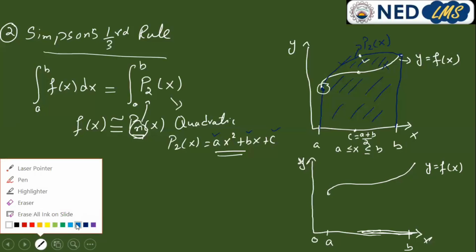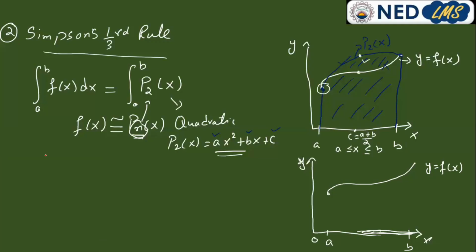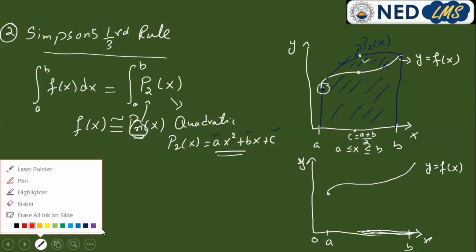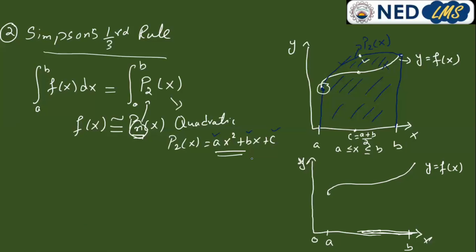Let's select red color. Let's do it again with the blue to avoid confusion. What I'm doing now is making sure that my polynomial matches this point, and there is another point c which also matches.